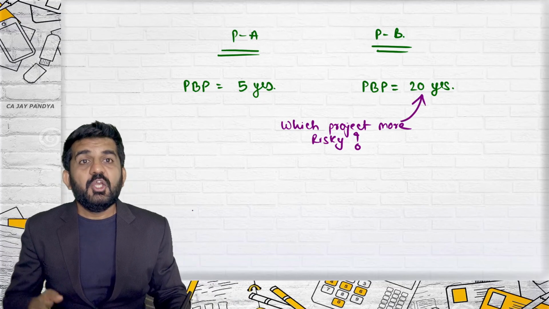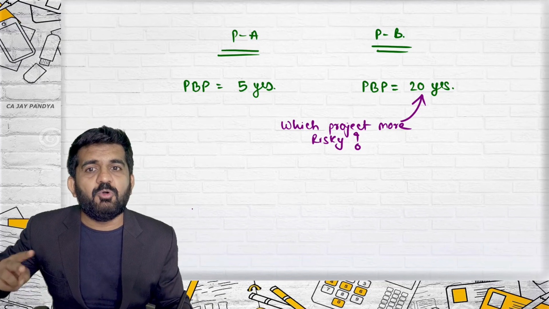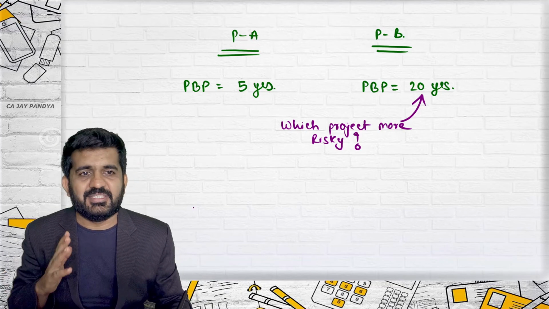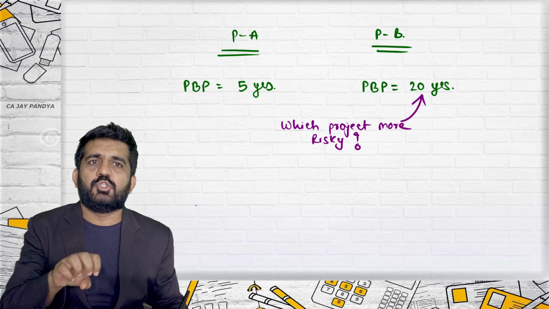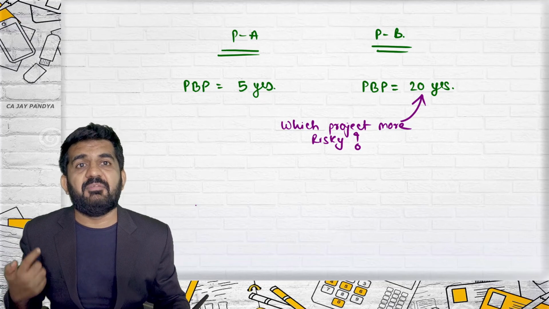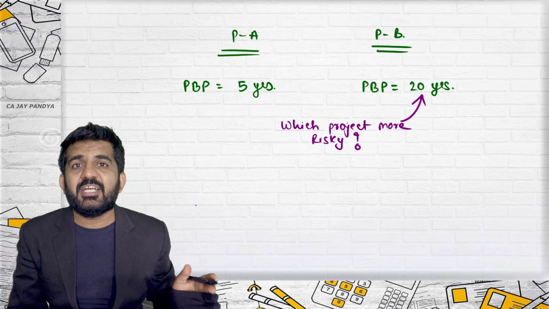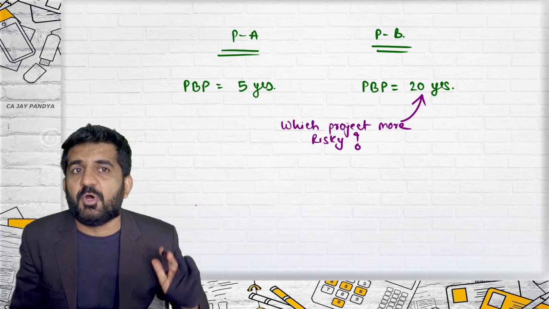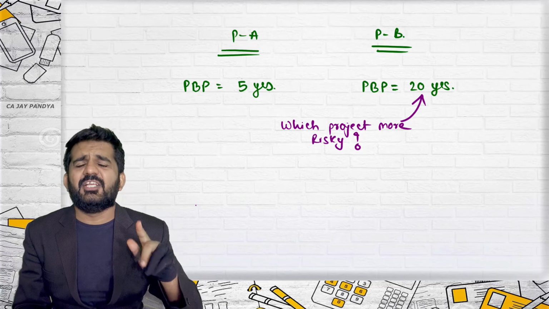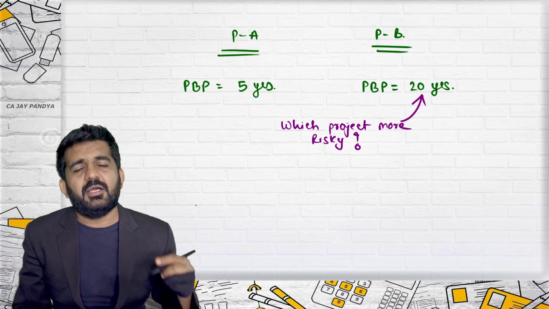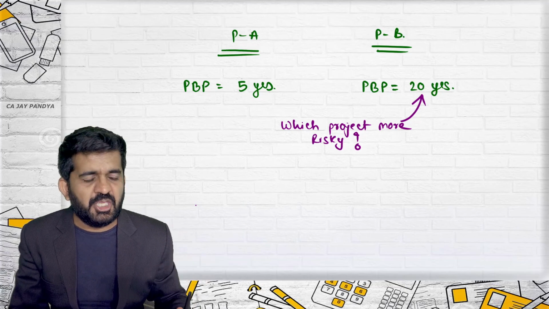You are getting some idea about the project from the payback period method. Then it is a good analysis tool to use along with NPV, IRR and other methods. So I don't say projects are selected or rejected based upon the payback period method. But it is one of the important methods in evaluating capital budgeting decisions.